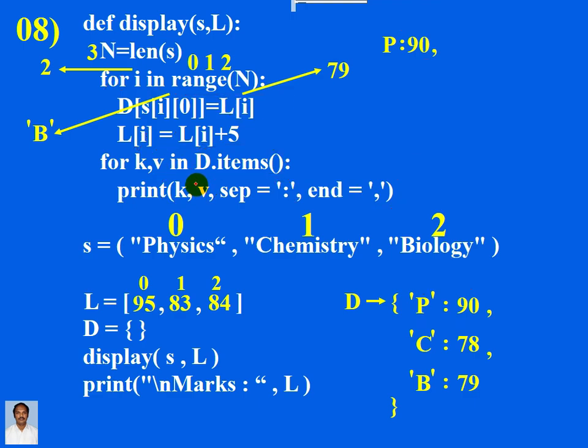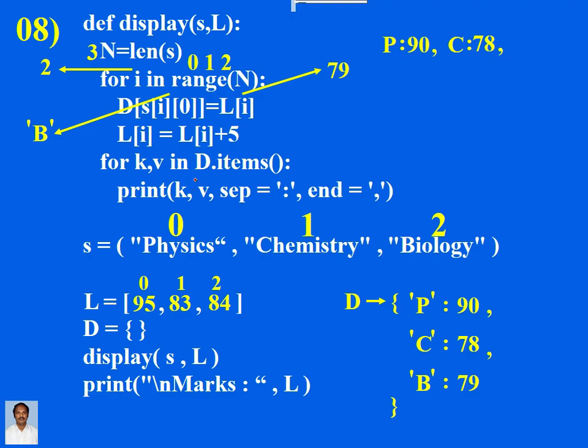Again, the next item is returned as answer C colon 78. So K contains the key C and V contains the corresponding value 78. So here C is printed, here 78 is printed. Between the arguments, the separator will come, so colon will appear and the ending character is comma.